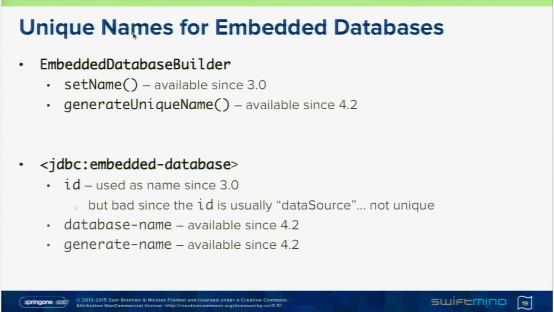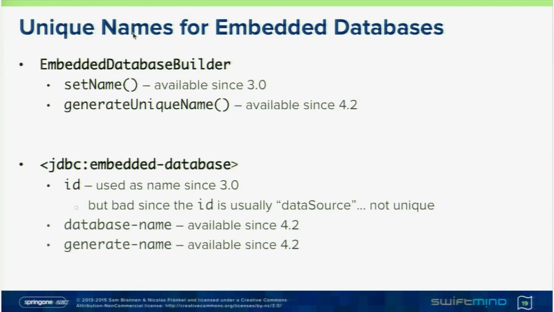Same's true for embedded database support with the JDBC namespace. As of 3.0, a subtle feature most people didn't know, you define an ID, which should typically be something like dataSource or dataSource2 or something like that. And if that's present, that would be used as the name of the database. But then if you import that XML, obviously it's not going to be unique.